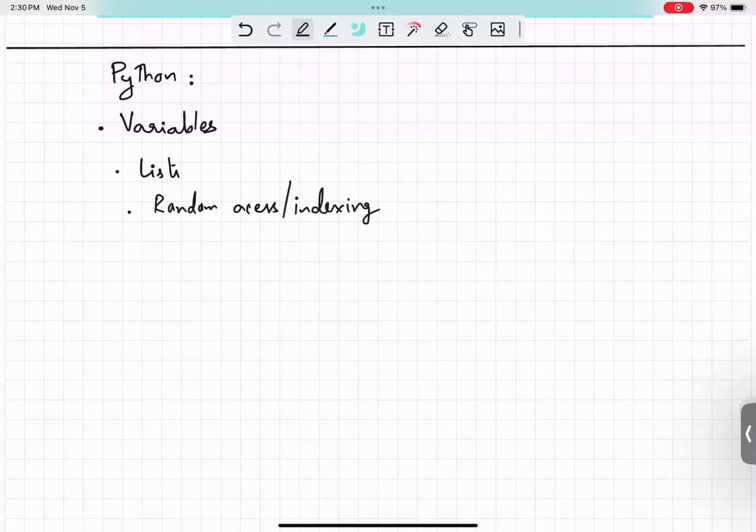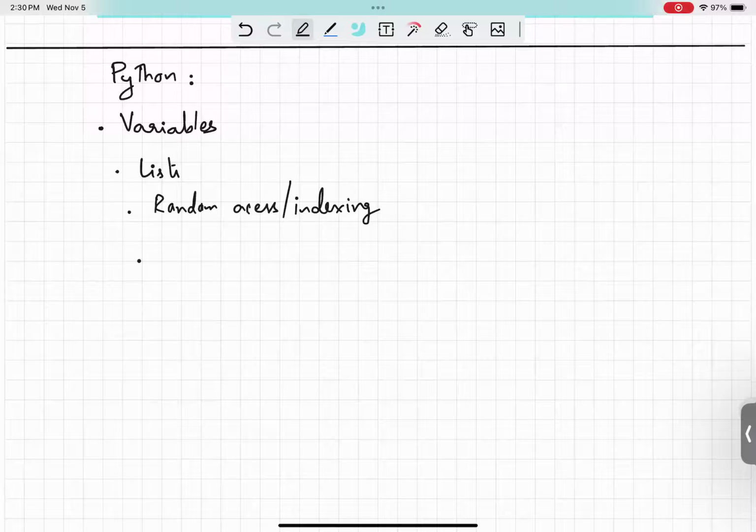Imagine writing programs where you have to deal with arrays, but you cannot index. You can only go one step at a time. It's not just that you can go one step at a time, but you can't even remember how many steps you need to go. But in Python, I can say, okay, if x100 equals x1, do something.